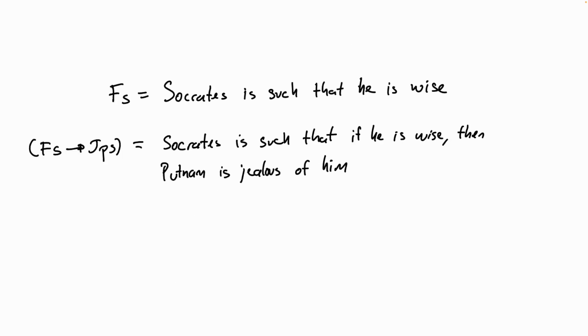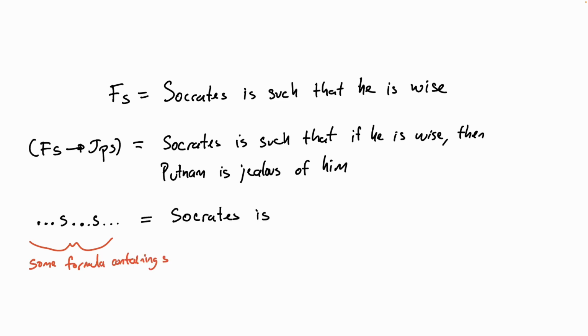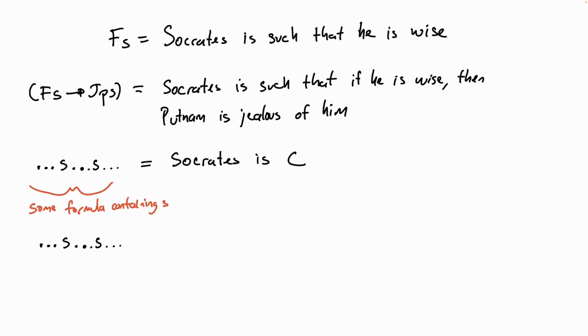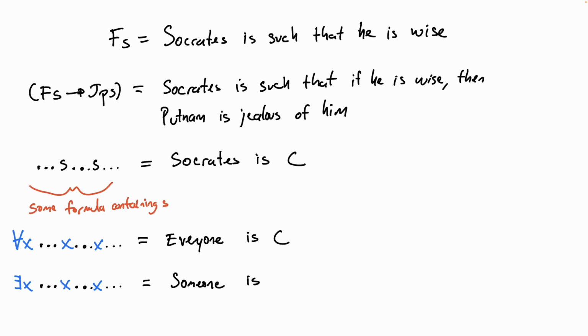Now, it's not just the formulas FS and if FS, then JPS, the two examples so far, which can be seen as attributing a certain condition to Socrates. Any formula using the name S can be seen as saying that a certain condition applies to Socrates. Taking that formula, whatever it is, and universally quantifying on S, will say that the condition previously being applied just to Socrates, in fact, applies to everyone, while existentially quantifying on S will say that that condition applies to at least one person.